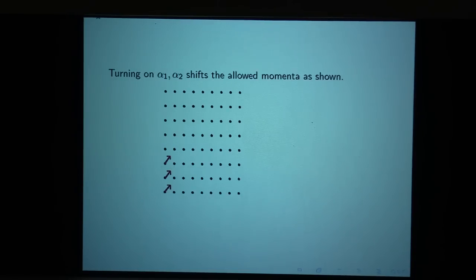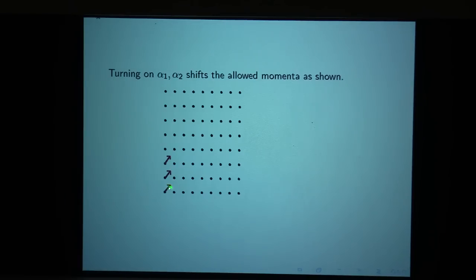And that's true for the following reason. In black, I've drawn the allowed momenta when alpha 1 and alpha 2 are 0. If we turn on alpha 1 and alpha 2, we shift the allowed momenta. For example, I've drawn a little red vector that is a shift corresponding to particular alpha 1 and alpha 2. But every point gets shifted by the same vector. I only drew 3 of them.